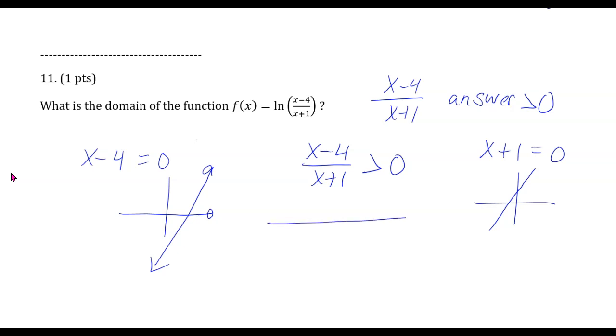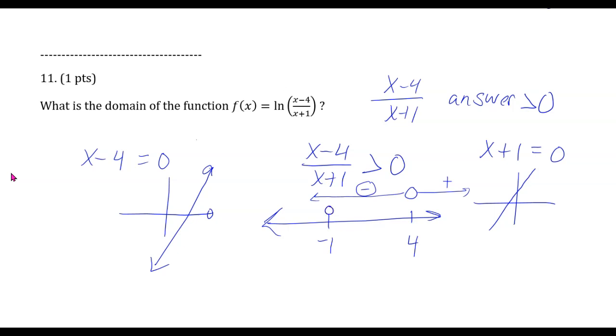This means if we look at the number line, that I've got possibilities here of where they're positives and where they're negatives. My two numbers I need to think about are -1 and 4. I know that the first numerator is going to be positive when I'm out here, and it's going to be negative when I'm on the other side. Let's look at the other line.